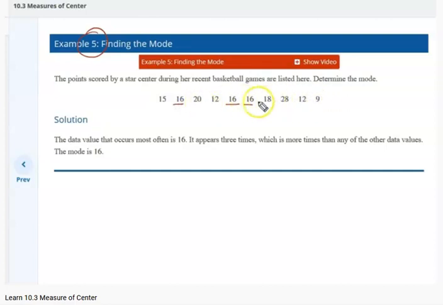Any other number used more than 3 times? No. So this is unimodal, and the mode is 16. Now, as you do your practice and certify, they're going to ask to find all 3 of a set of data. So again, I think relatively something easy to wind up our work in this course.